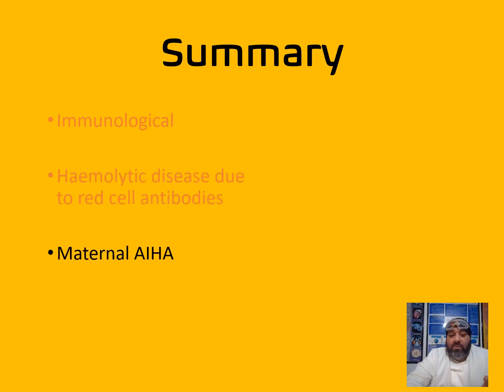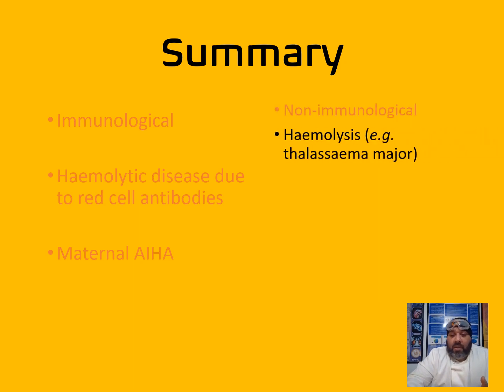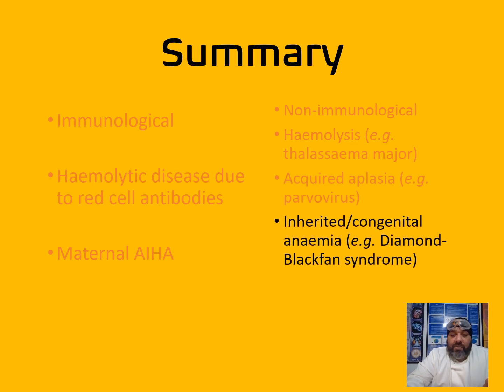There can be maternal autoimmune hemolytic anemia issues, and there can be non-immunological aspects as well. Somewhat relating to this, there can be hemolysis, for example thalassemia major. There can be acquired aplasia, for example parvovirus, and there can be inherited or congenital anemia.